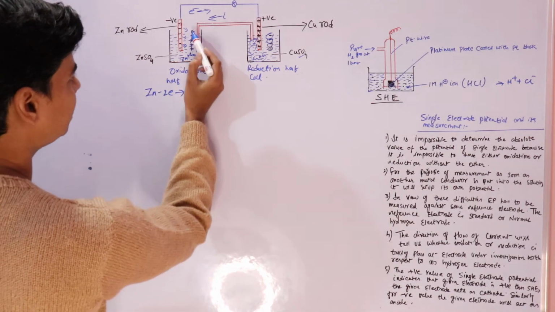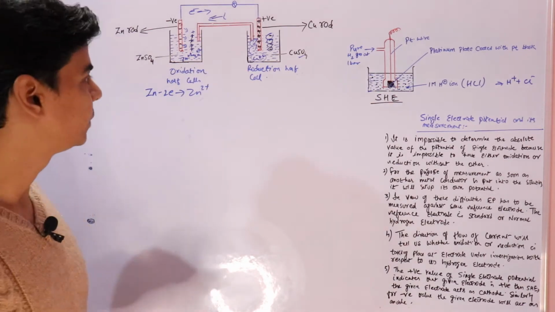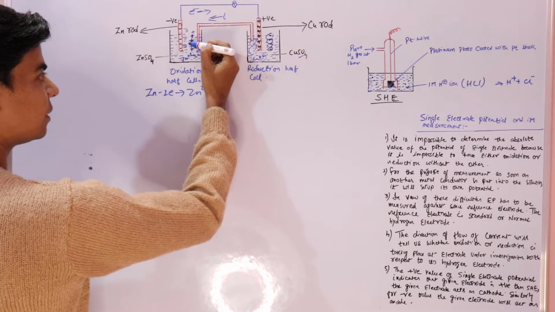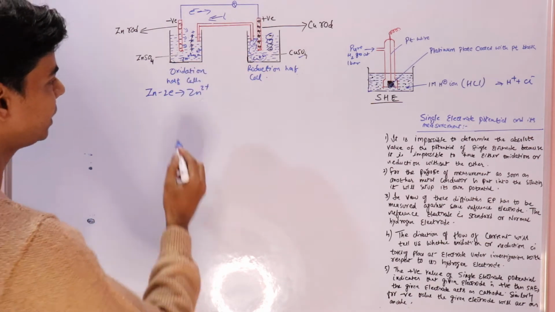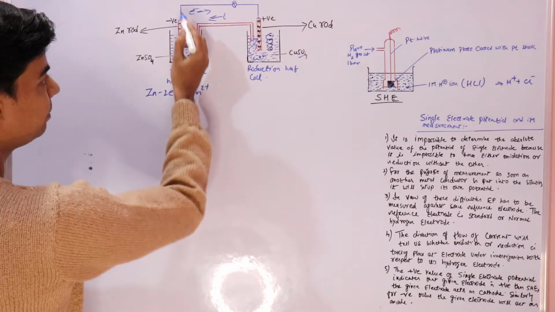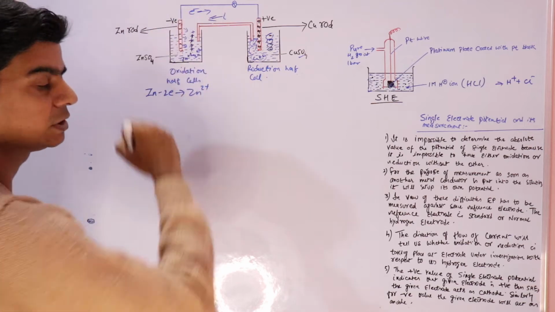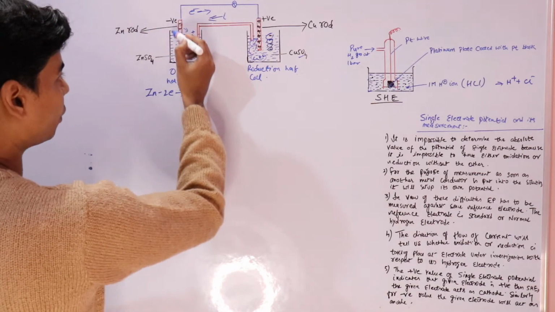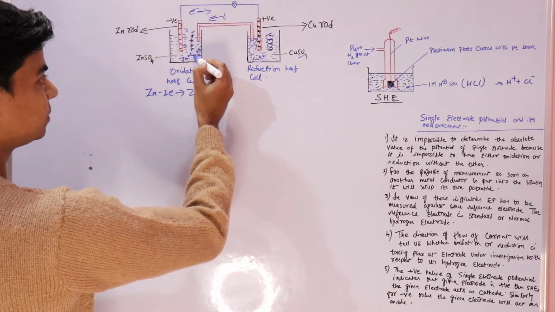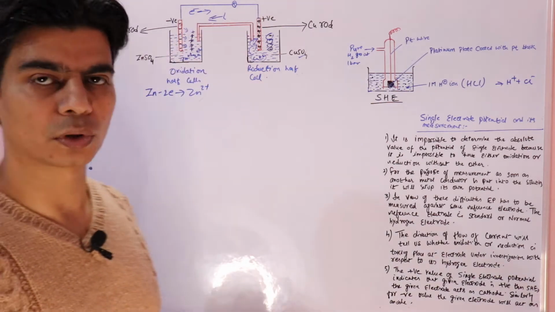These zinc ions enter into solution and make the solution positive, so there was a layer of positive charge, and these electrons got stuck to the rod, making it a negatively charged electrode. So this rod was negatively charged and the solution was positively charged.